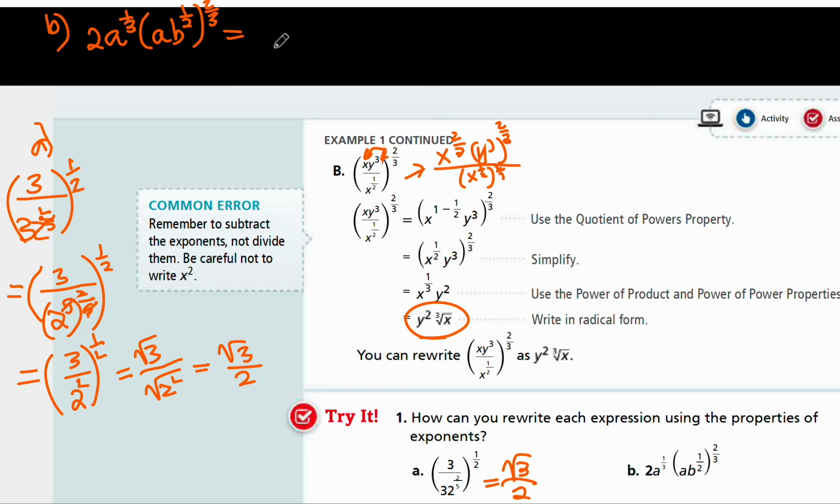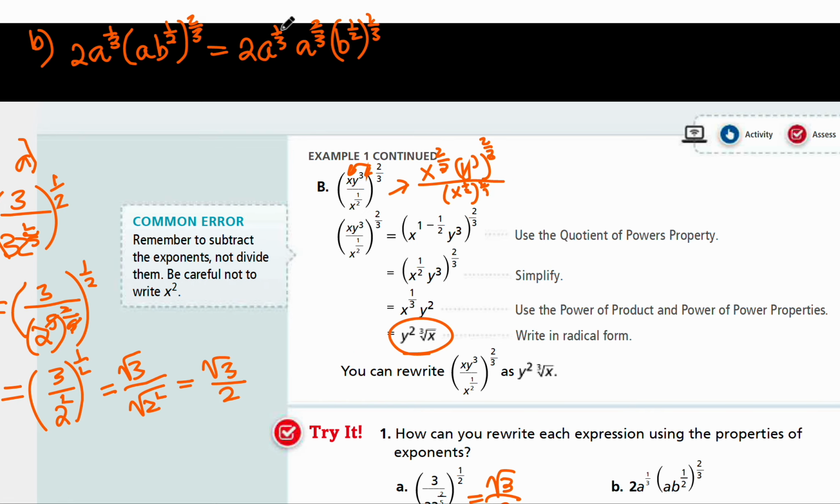And so again, solve it one by one. I would solve the parentheses first because order of operations. 2a to the 1 over 3, and you can distribute the powers, use the power of powers property. A to the power of 2 over 3 times b to the power of 1 over 2 times 2 over 3. And then this one, you can cancel it out to 1 over 3.